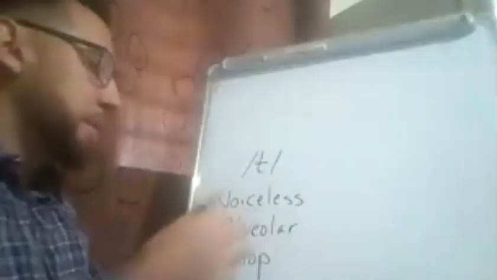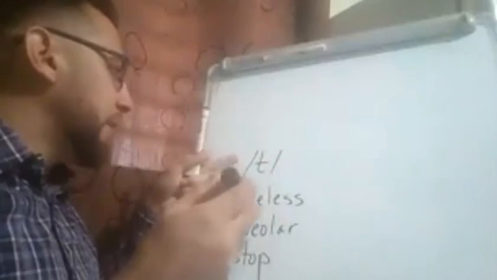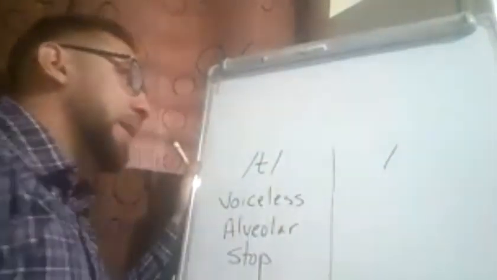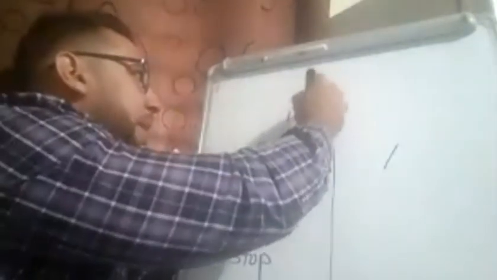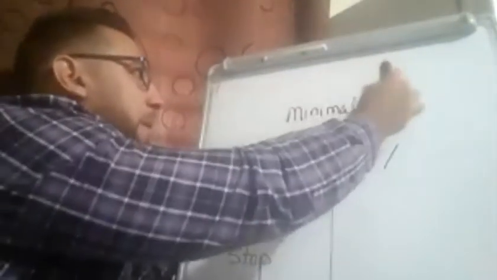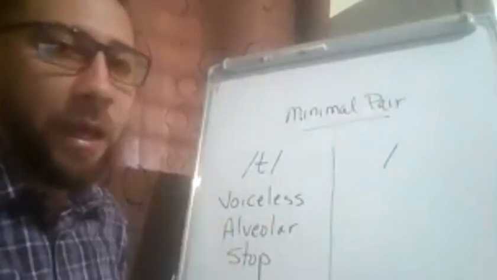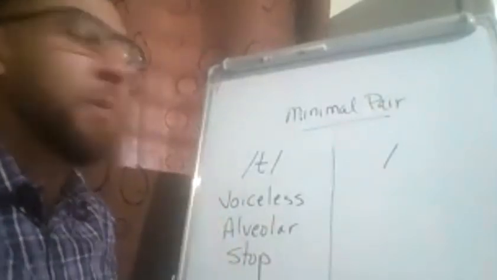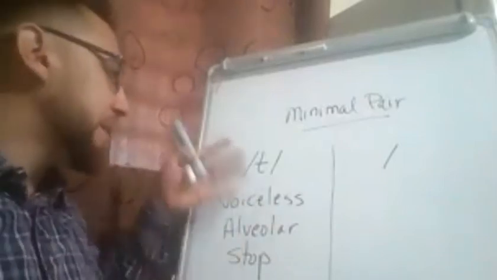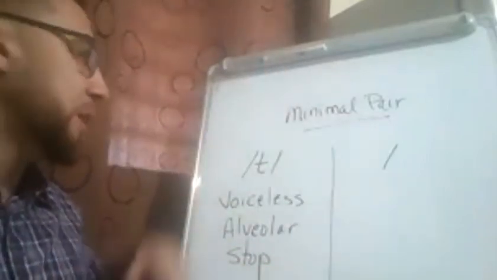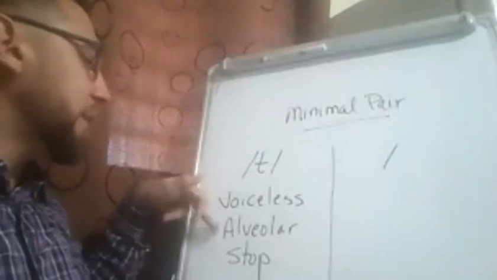For example, if I say T, I need to find, let's write it here, minimal pair, but this is with sounds, right? Not with words. I need to find a sound that has almost the same features, the same classification as T, but differing in only one of the classifications or features. In this case, voiceless alveolar stop.